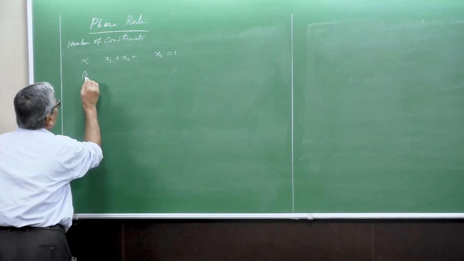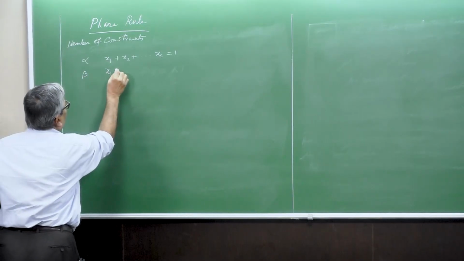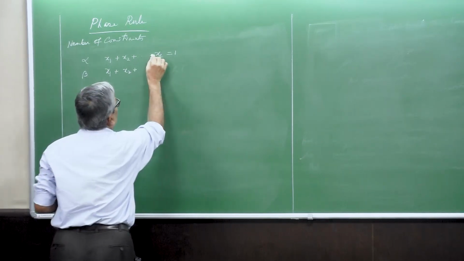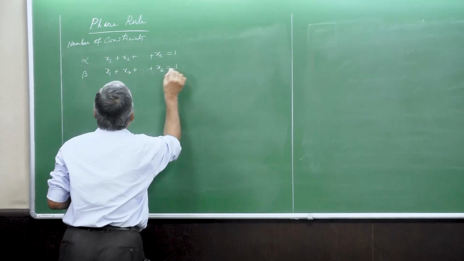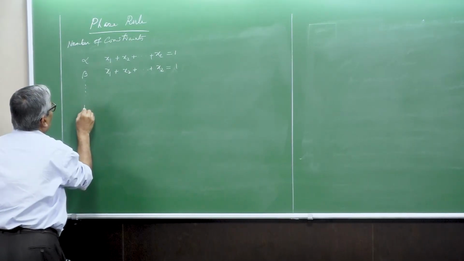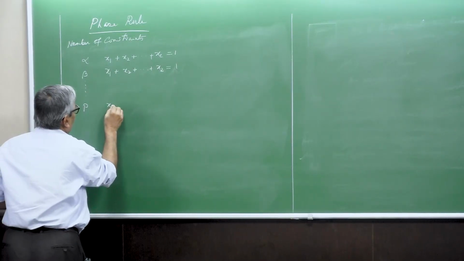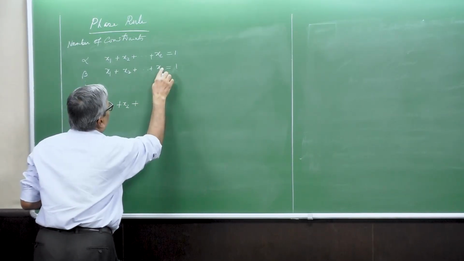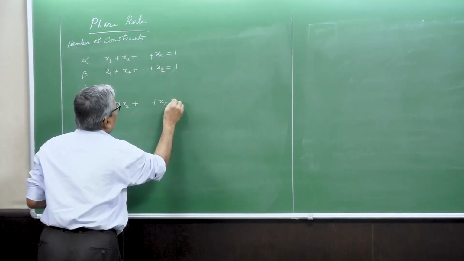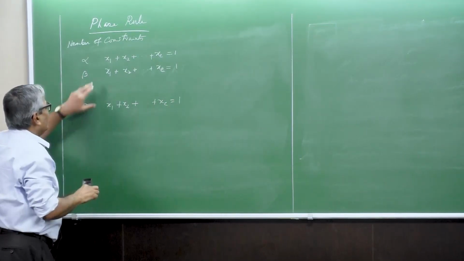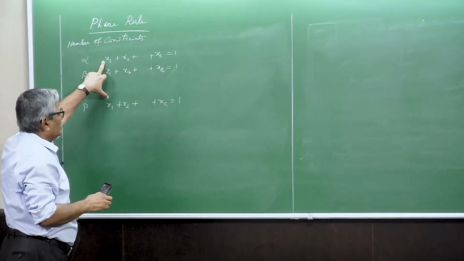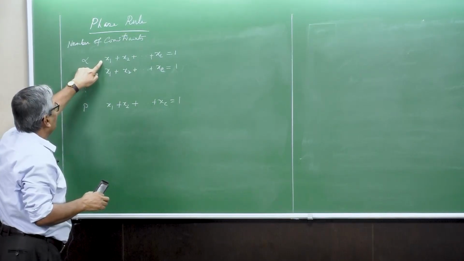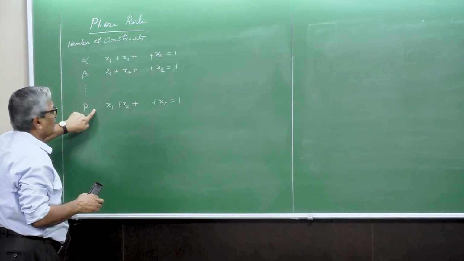For beta, you have the same thing, x1 plus x2 plus up to xc equal to 1. In this way we go up to P, so x1 plus x2 plus up to xc is equal to 1. Each equation is a constraint. So how many such constraints are there? This is for 1, this is for 2, and this is for the alpha phase.